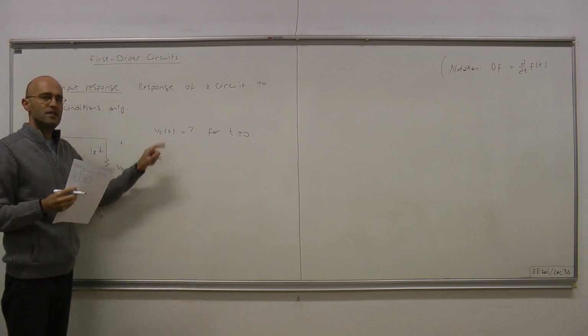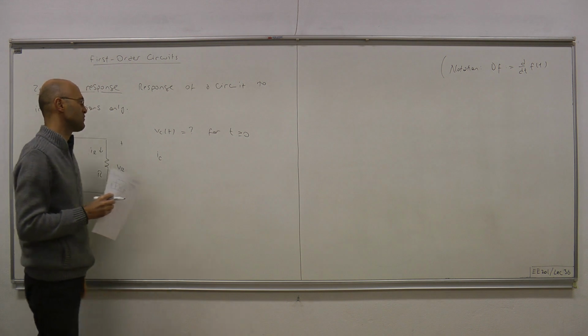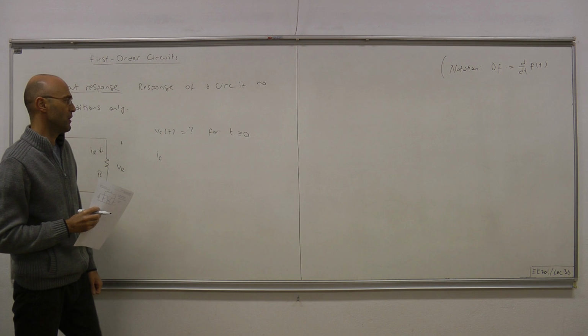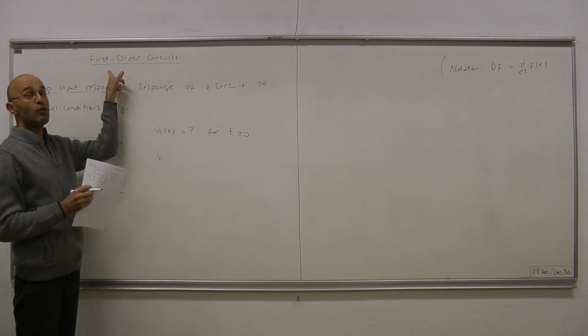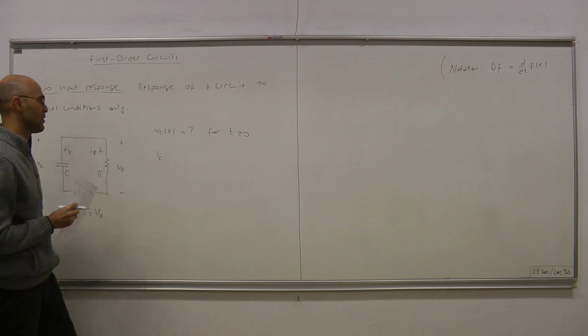To figure out VC(t), first we have to figure out the equation that should be satisfied by VC(t). That equation will be a differential equation, and a first-order differential equation because the circuit contains only one dynamic component.